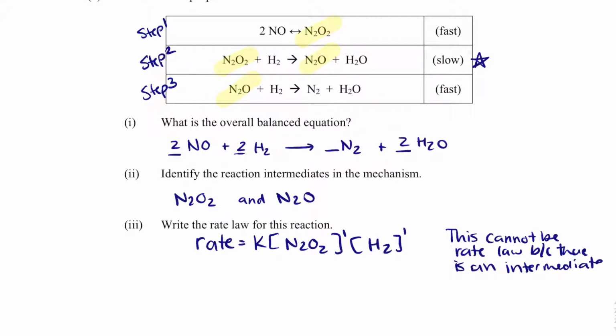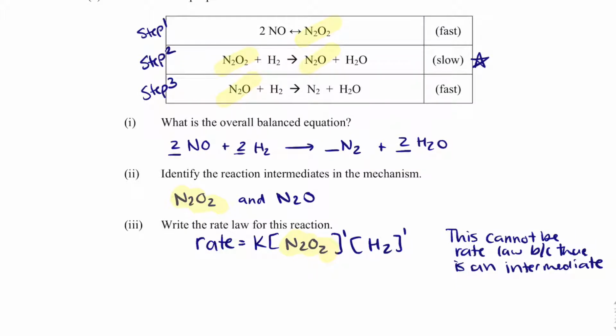And that's just not going to work, because if I give this to a chemist and I say, okay, I found the rate law and the rate of this reaction is based on N2O2 and H2, they're not wrong. However, N2O2 is an intermediate, and so there's no way to manipulate the reaction if we say N2O2, because we never started with it. We can't control the molarity that we begin with of N2O2.